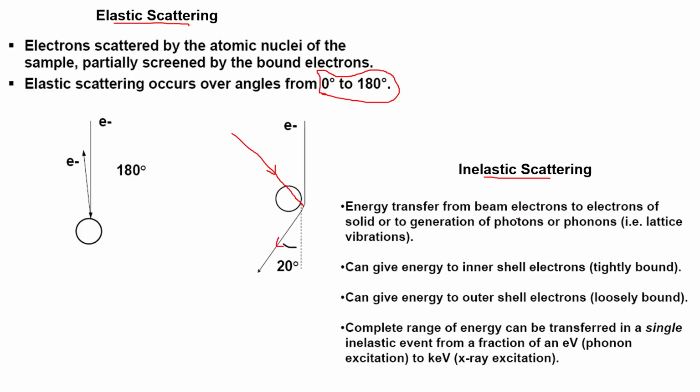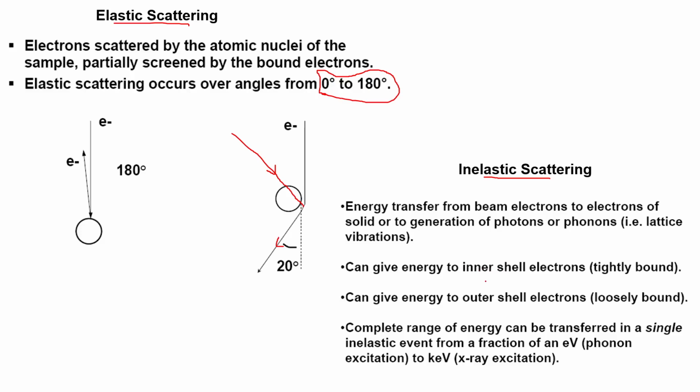The energy is transferred from the beam electron to the electrons of the specimen, or it could be used for the generation of photons or phonons. It can also cause lattice vibrations. It can give energy to an inner shell electron or to an outer shell electron.